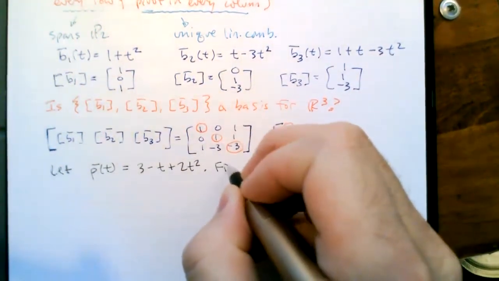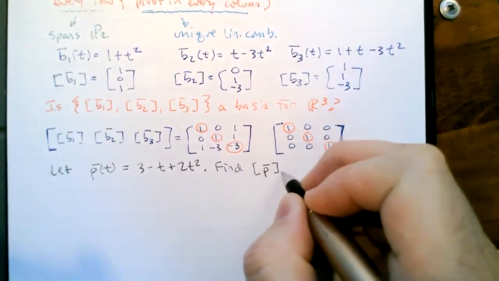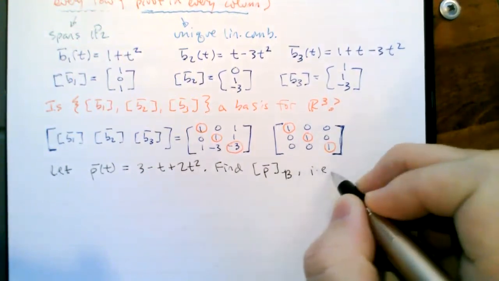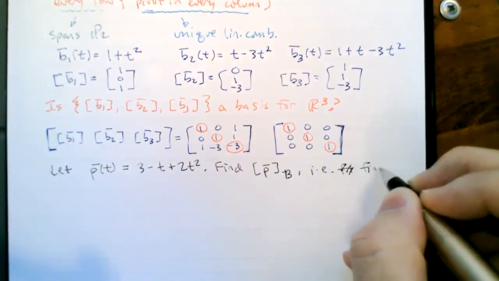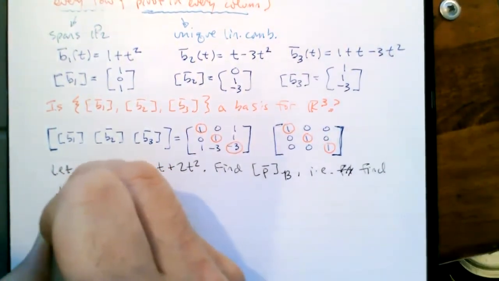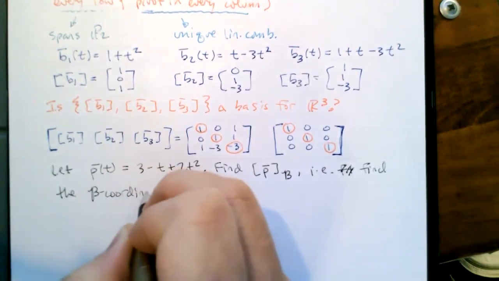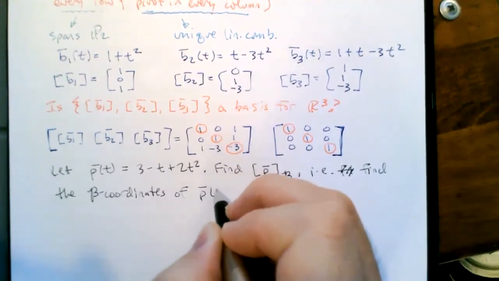And let's find the coordinates of P relative to this basis. Let's find the B coordinates of P of t.